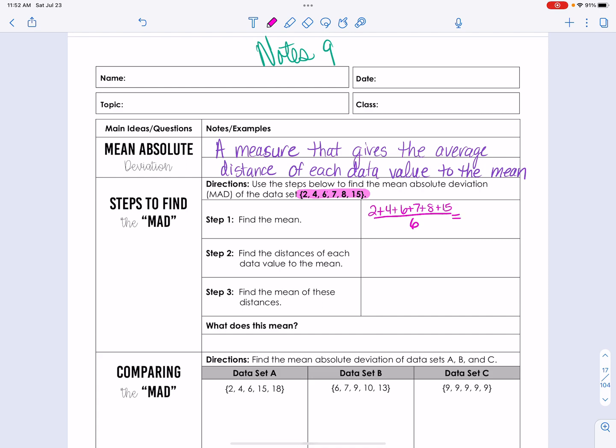So pick up your calculator and add those together and tell me what you get. Okay. So when you add those together, I got 42. So check my math. And there's 6 things, and 42 divided by 6 is 7. So the mean is 7.